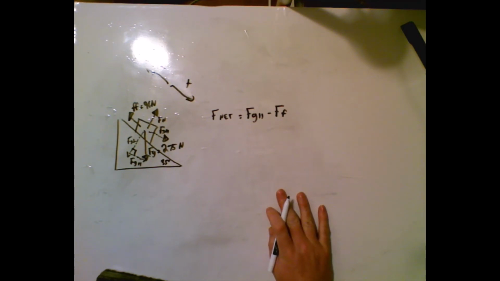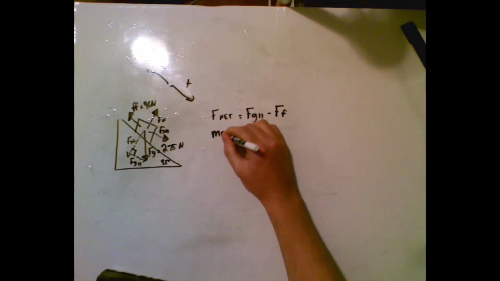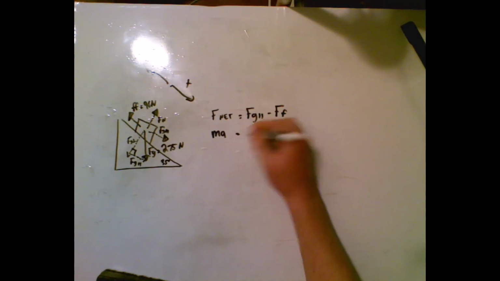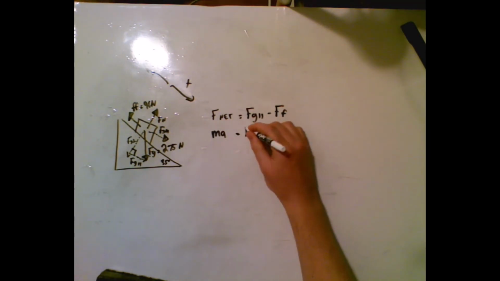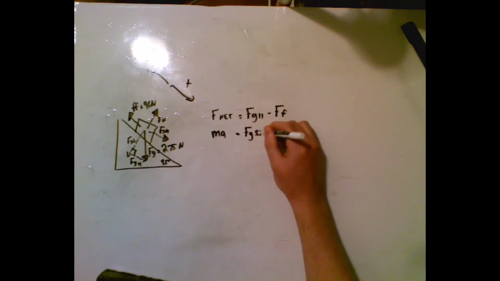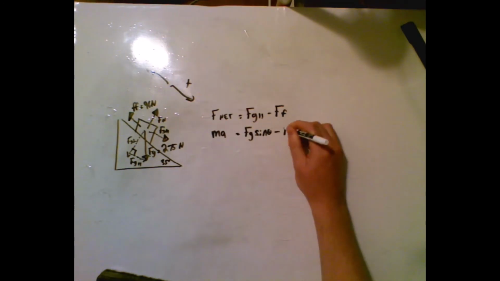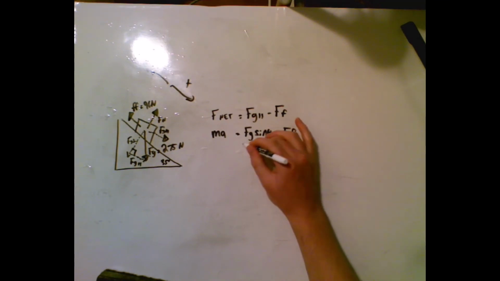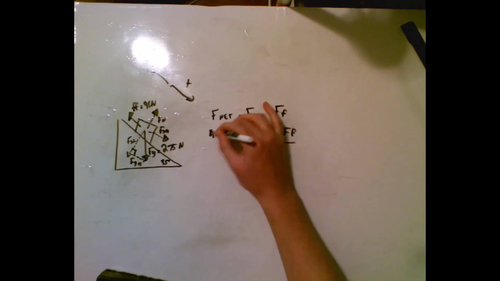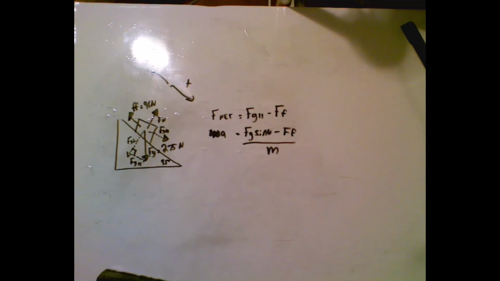F net we can always break down into MA. FG line, remember, is equal to FG sine theta. And force of friction we don't have to break down because we know it, it's 96 newtons. So we just have to move our mass down there.